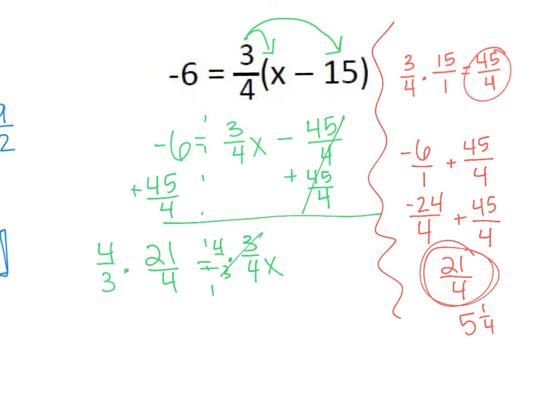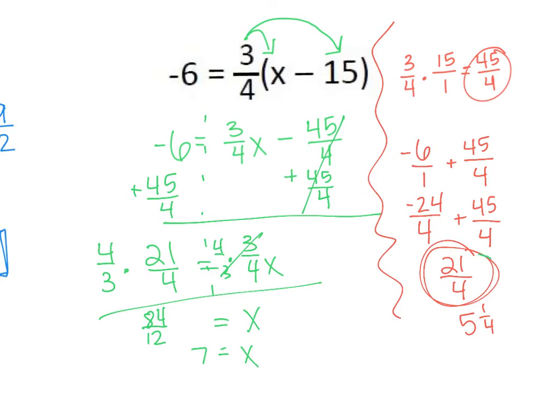So that goes away. 4 times 21 is 84 over 12, 3 times 4. And we simplify at the end, that's 7.